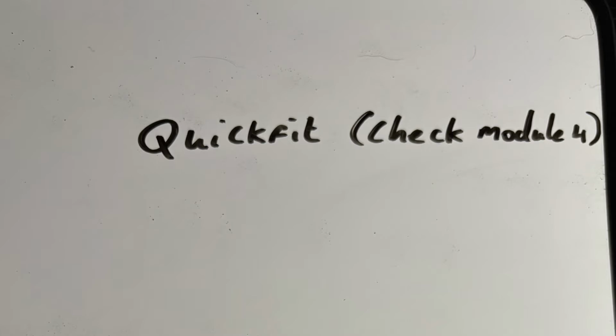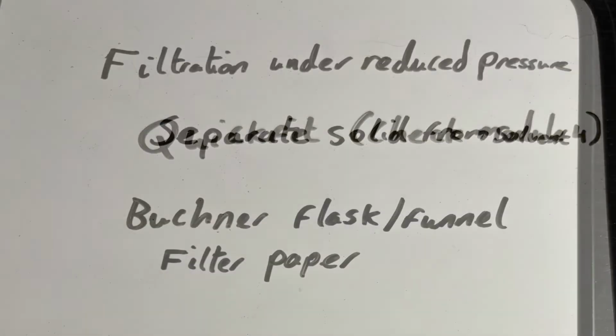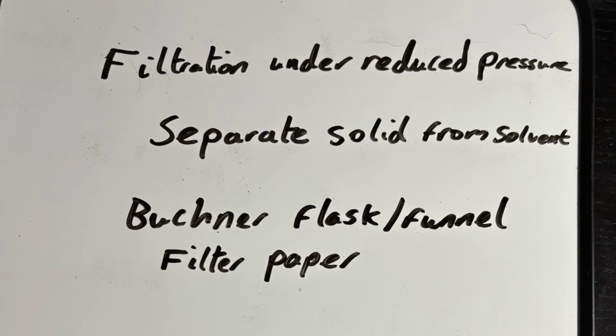The next big bit is practical techniques, and the first bit is about quickfit apparatus, and this is in my Module 4 video. I don't particularly want to go over it again, so definitely go check out Module 4 if you haven't already. A new practical technique is filtration under reduced pressure, and you use this to separate solids from solvents.